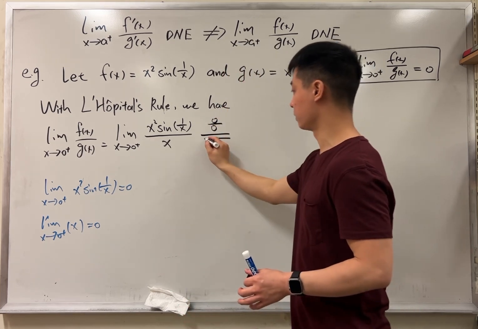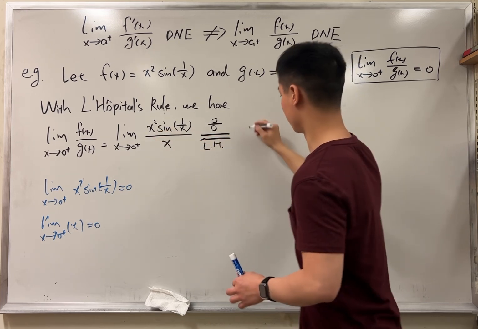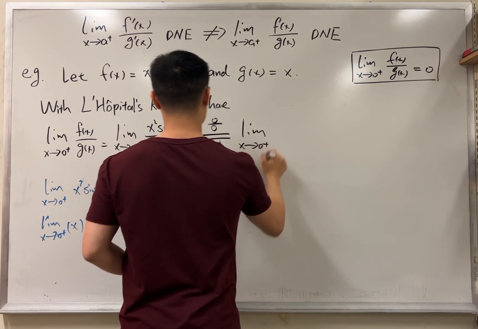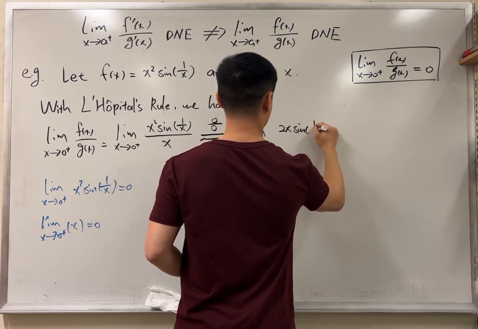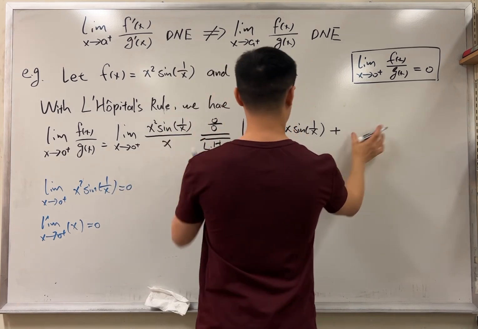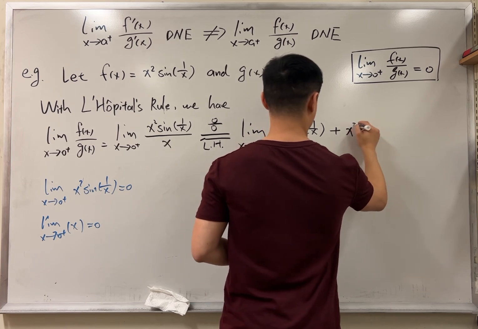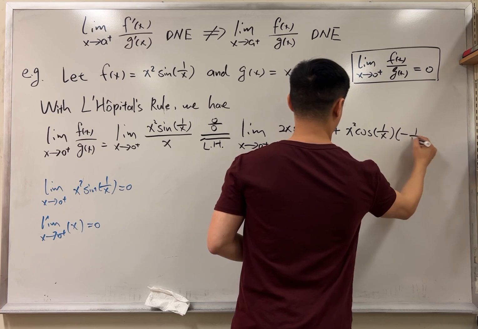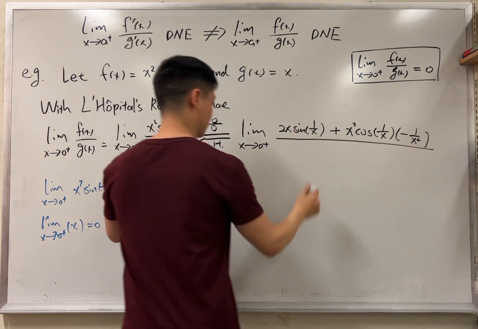So we will take the derivative of the top as well as the bottom, then come to this limit, which is 2x sine of 1 over x by using the product rule, and then for the other term you will use the chain rule, that is x squared cos 1 over x, and then divided by 1.